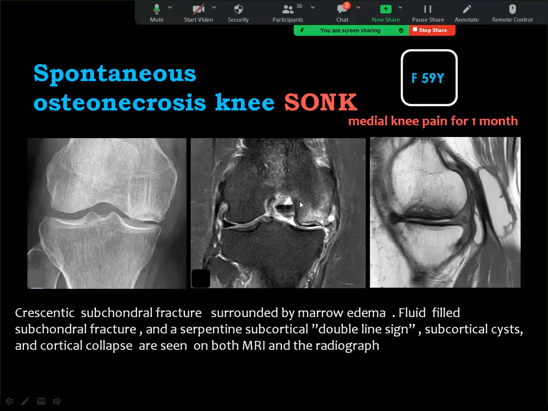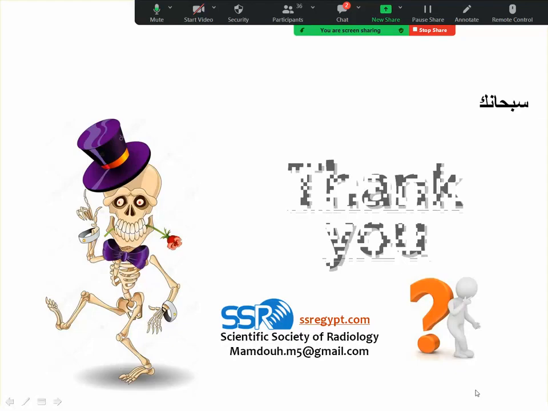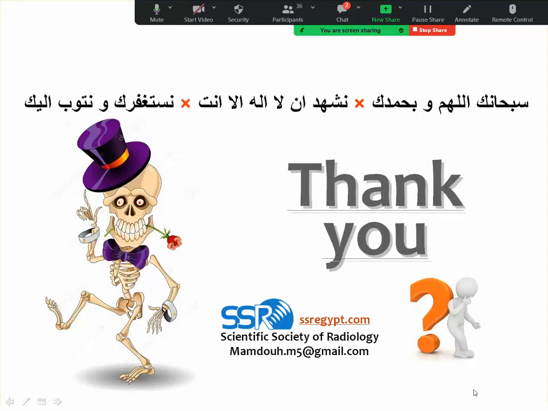This is quite different from osteochondritis dissecans, which affects young persons, and there is a separated necrotic bone fragment, and this is different. This is also a type of avascular necrosis, but it is known as SONC, or spontaneous osteonecrosis of the knee.